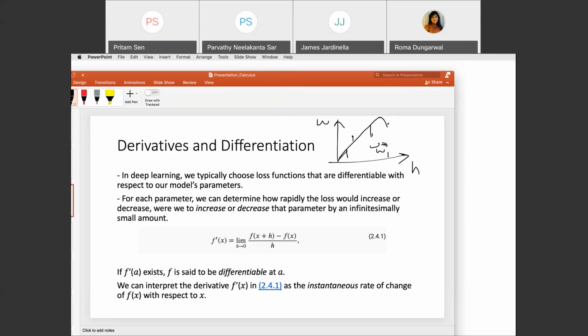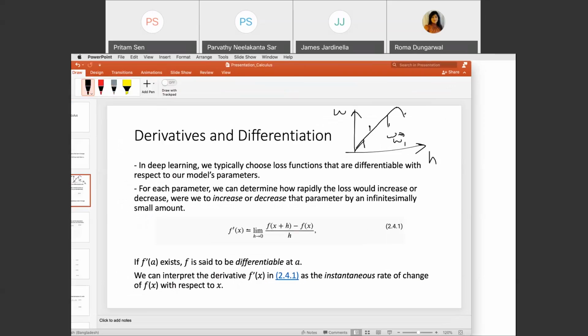We want the loss to be minimum, not only for training data but also for test data that we have not checked yet. So we need differentiation for these kinds of evaluation. Let's say a function f(x), so y is equal to a function of x.